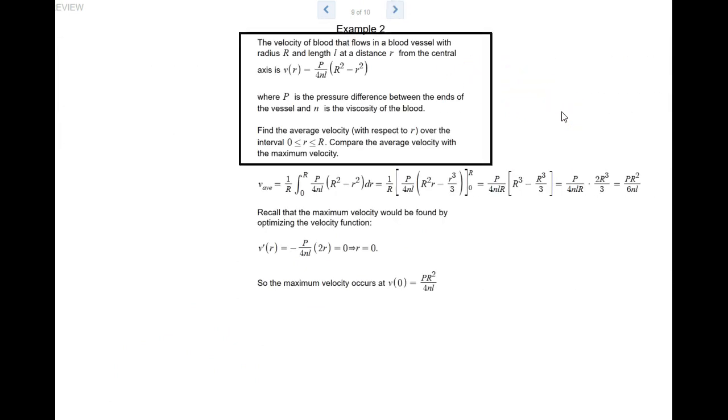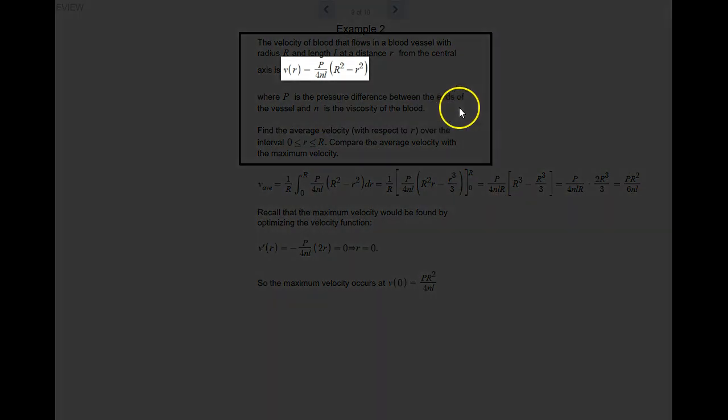Here's another example of an application. The velocity of blood flow in a blood vessel is different depending on where the blood is in the blood vessel. It also depends on the length of the blood vessel and the viscosity of the blood.